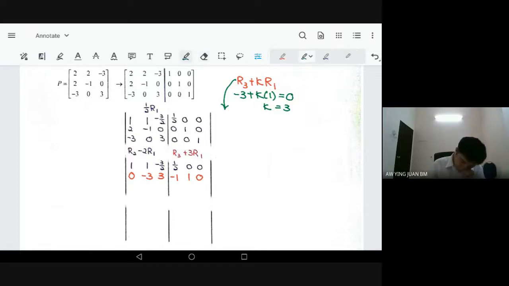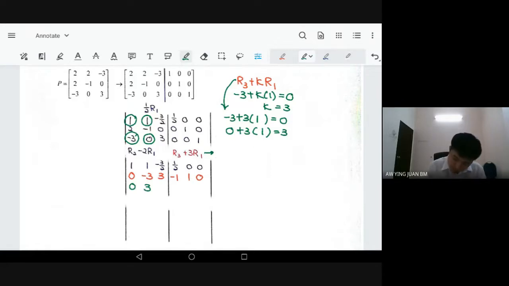Next, kindly focus on this part. We have R3. So meaning that here we have negative 3 plus 3 R1. So in here we have R1. Substitute and we will obtain 0. Continue. We have 0 plus 3 R1. In here the R1 is 1. So we will have the answer 3.